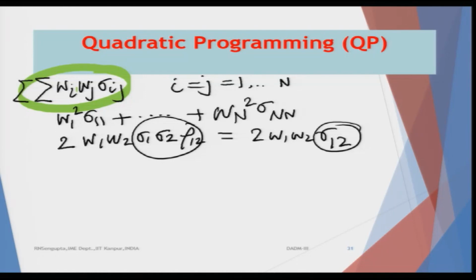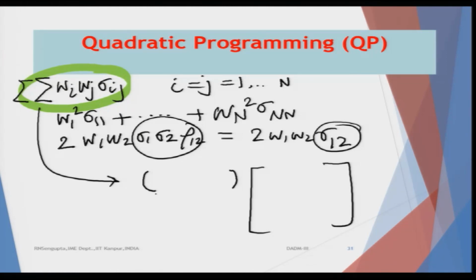Now, you are thinking how does it make sense with x transpose Q x? It is very simple. If I think of it term by term, I am just drawing the vectors. This is 1 cross n, this is n cross n, and this is n cross 1.